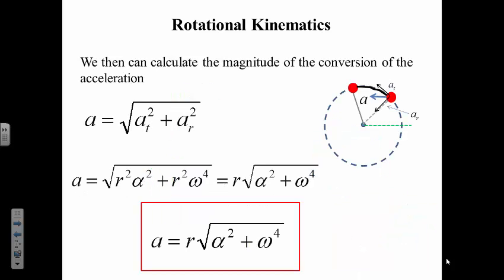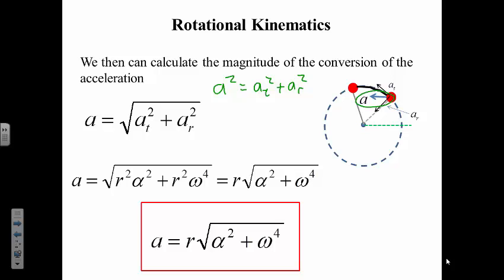Now the last thing we can do is calculate the total acceleration vector a. We would say that a squared is equal to a_t squared plus a_r squared, because these form a triangle, and we know that a squared equals b squared plus c squared.